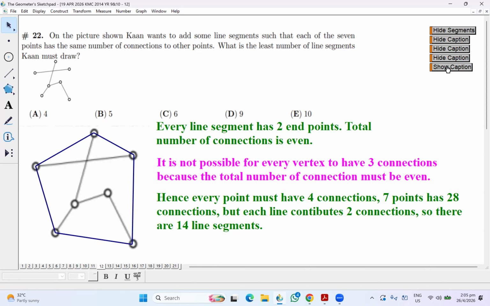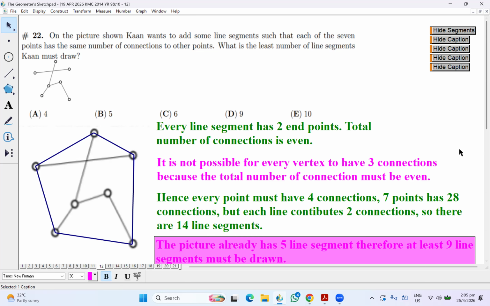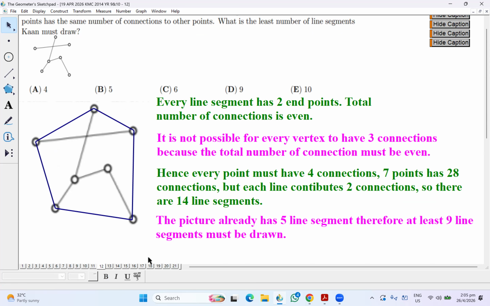Then the picture already has 5 line segments. Therefore, we add at least 9 line segments. 9 plus 5, 14. Answer is 9.